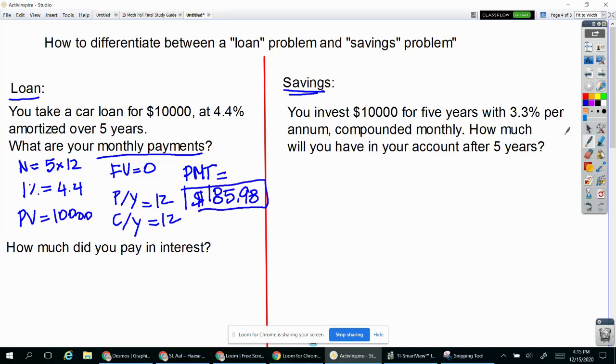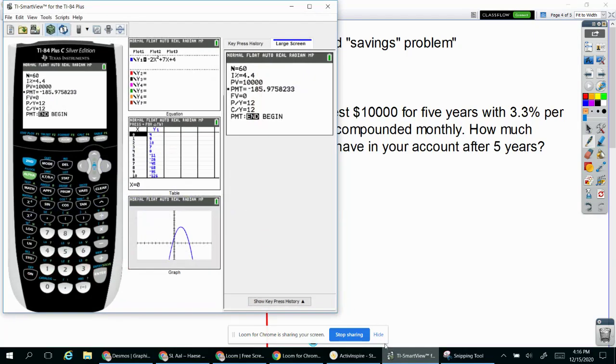How much did you pay in interest? Well, we paid $185.98 every month. When I multiply that times 60, why is it times 60? Because it's 5 years times 12 months per year. Let's see how much we paid in total.